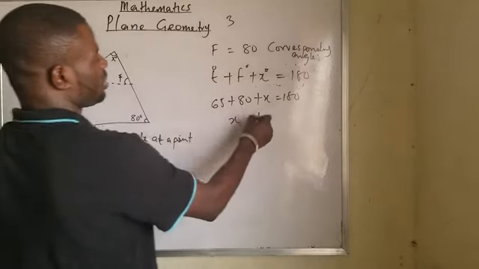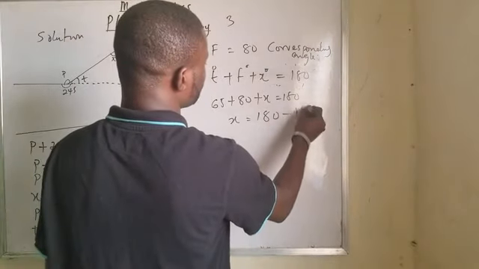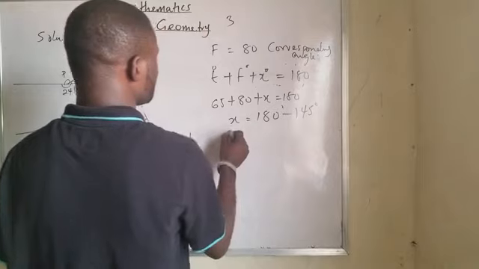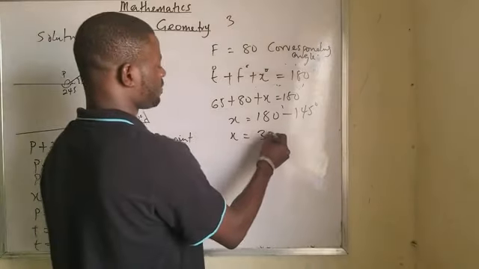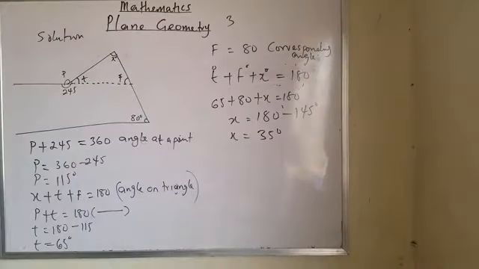It means 180 minus 145 degrees. My X will be equal to 35 degrees. That is all I need to do there.